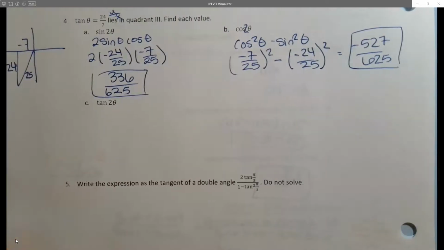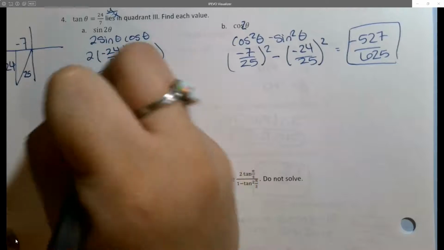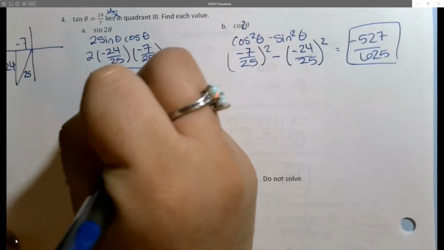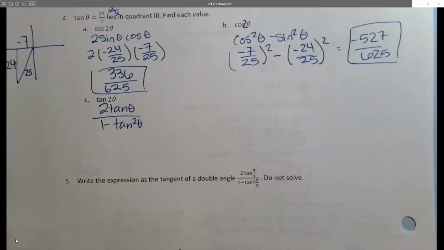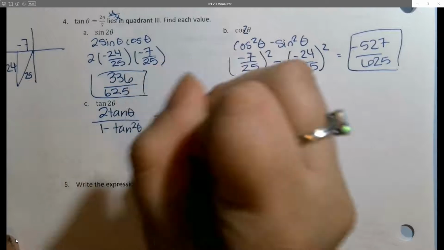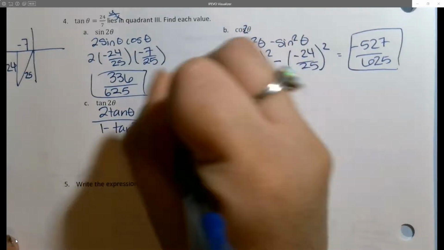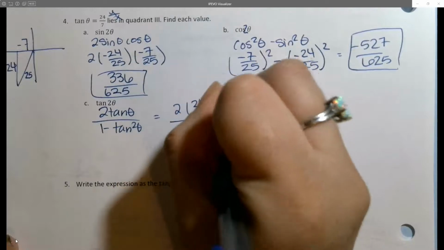Then for my tangent double angle, this one is 2 tangent over 1 minus tangent squared. Tangent was the one that was given to me in this problem, so I want to make sure I get that value exactly right. It was 24 over 7. So I have 2 times 24 over 7 over 1 minus 24 over 7 squared.